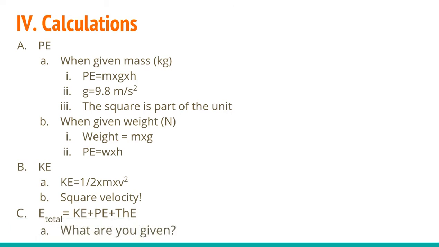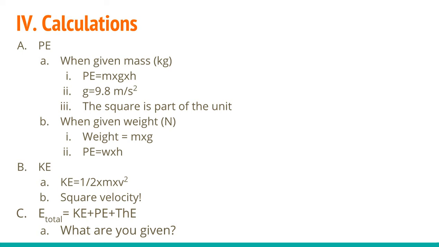And last but not least is this: energy total equals kinetic plus potential plus thermal. Generally, we did pretty well with this, with the exception of one problem that I'll show you a different version of in a minute. And that is this. If I give you an object's mass, an object's height, and an object's velocity, you cannot add them up.